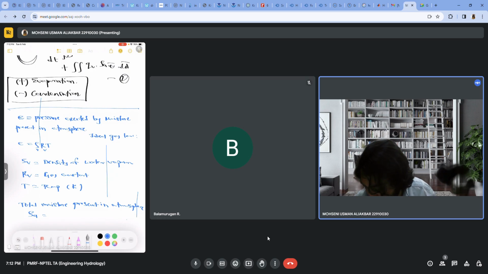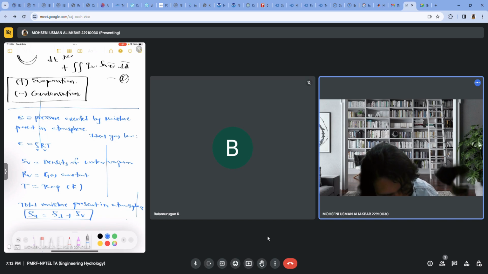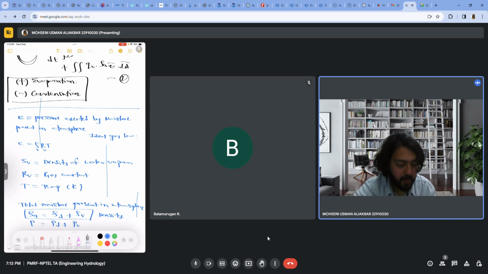So the density of air is equal to the density of dry air plus the density of vapor. This is nothing but the total moisture present in the atmosphere in the form of density. If we talk about this in terms of pressure as well, the pressure is equal to the dry pressure plus the vapor pressure.